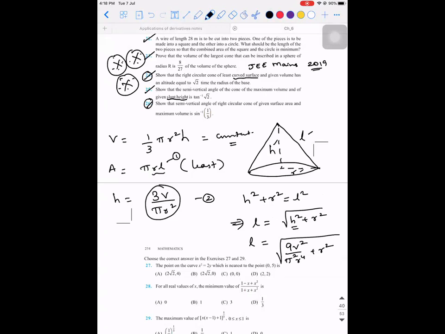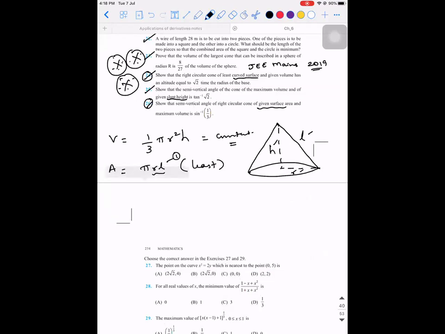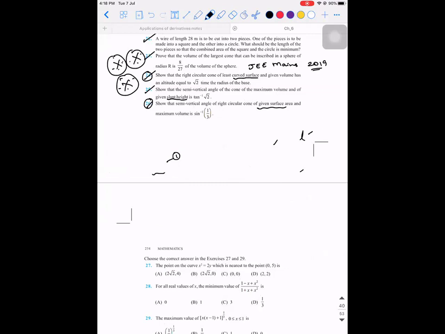Show that the semi-vertical angle of a right circular cone of given surface area and maximum volume is sine inverse of 1 by root 3. So here what is given? Given surface area.